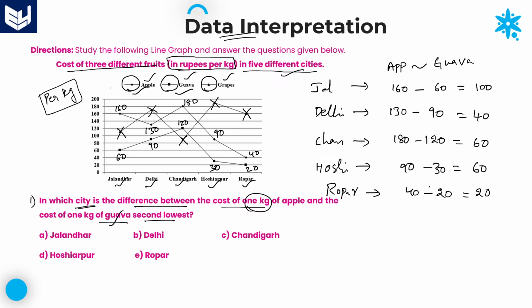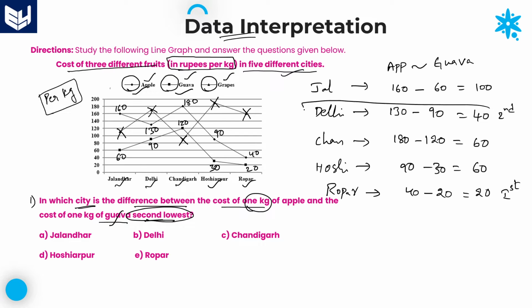Now, if you observe the question carefully, we need to take the difference between apple per kg and guava per kg, second lowest. If you observe carefully, the lowest one is Ropar. And the second lowest is 40.